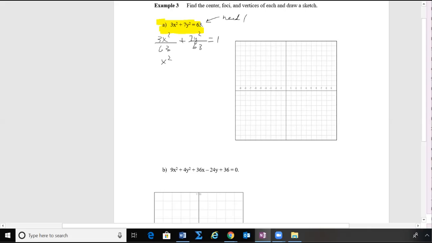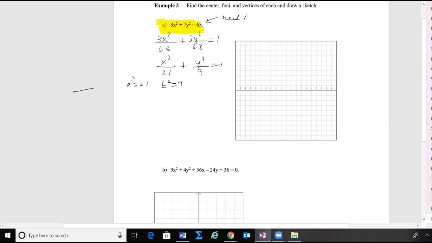This will simplify to a 21. And this is a 9. Okay, so from here, you can see that A squared is 21, which is bigger than B squared, which is only 9.